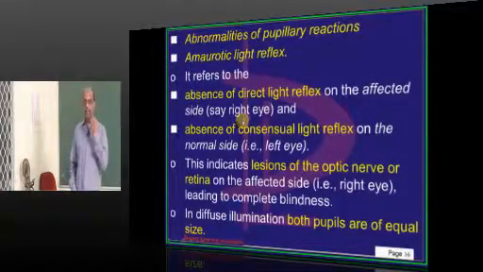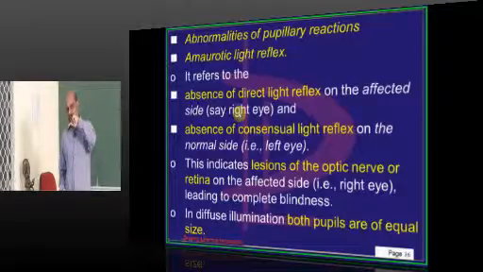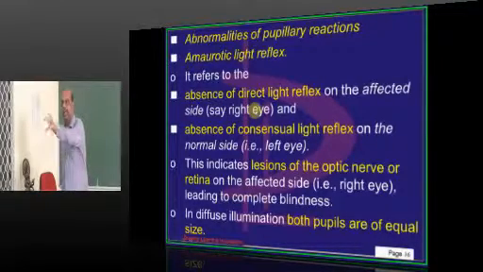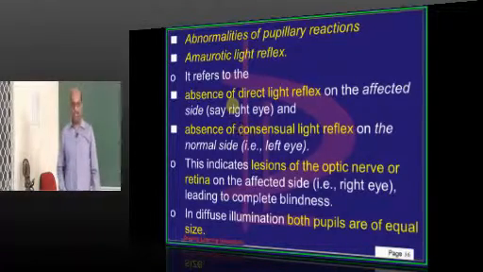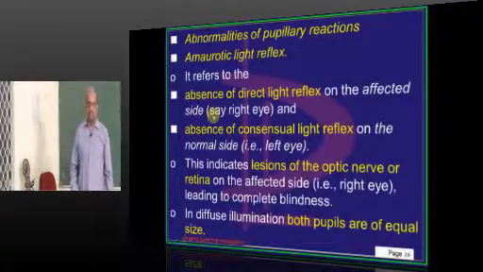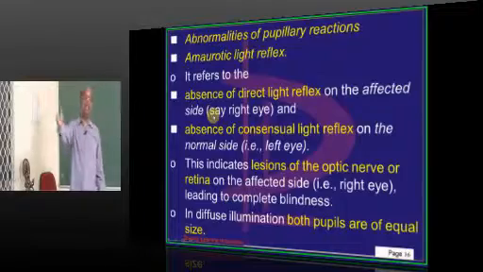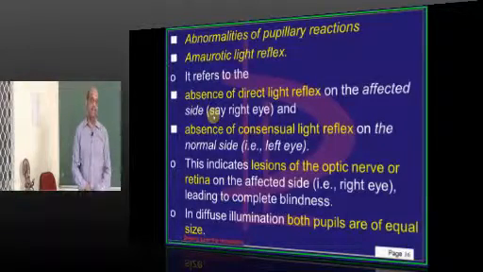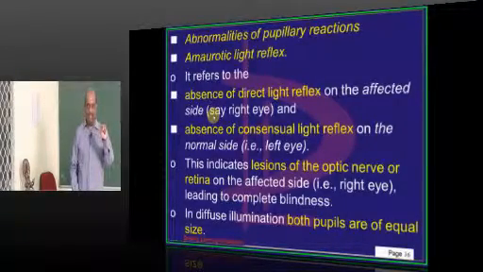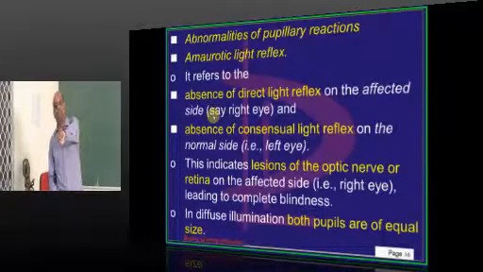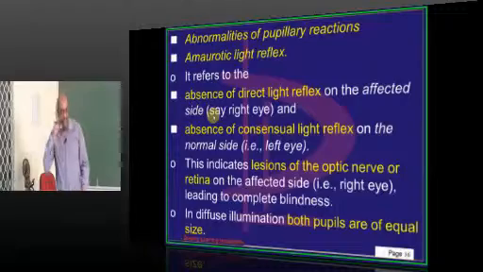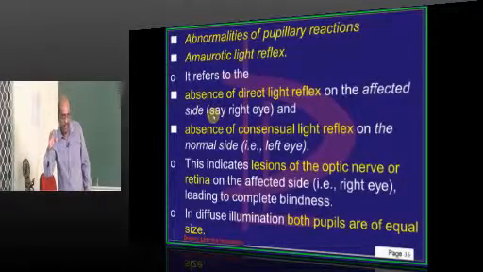And when you throw the light, that light should go from that eye only into the other eye and lead to consensual reflex, no? So the other eye's consensual reflex is gone. Agreed? But if you throw the light into the other eye, its direct reflex is present, and that brings the light and constricts the diseased eye. Got it?